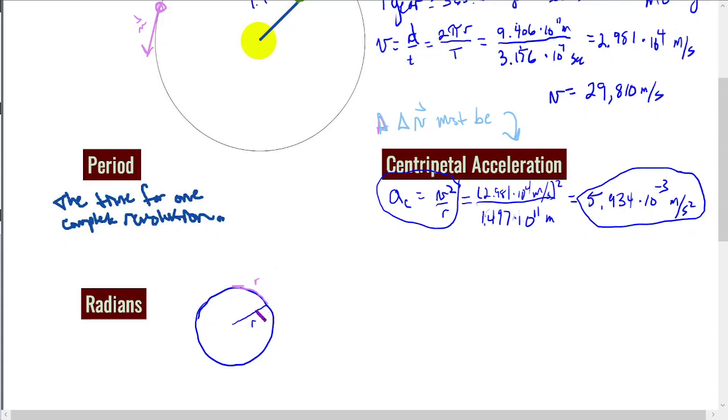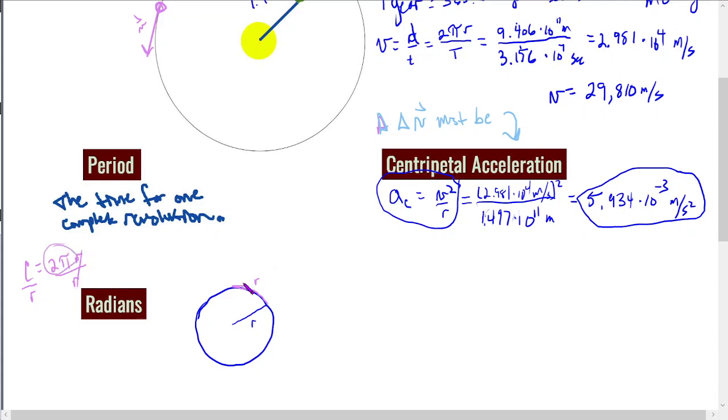Right, so it's one radius of arc length around the edge of a circle. And since the circumference of a circle equals 2 pi times the radius, if we divide our entire circumference by the radius, in other words, how many radiuses are there in a circumference, we wind up with 2 pi.